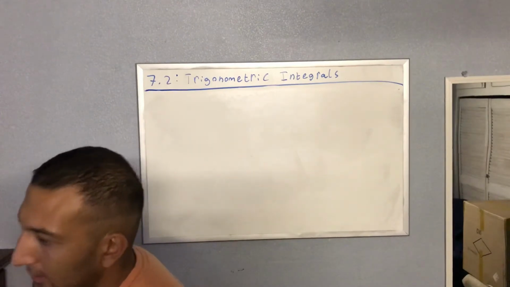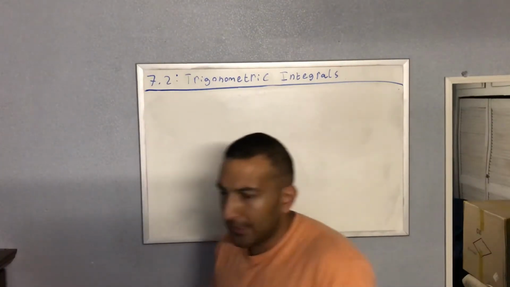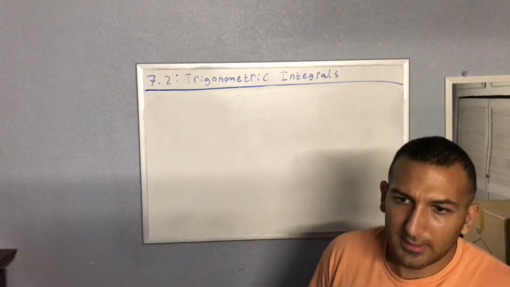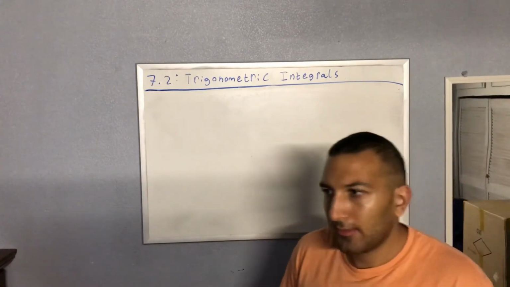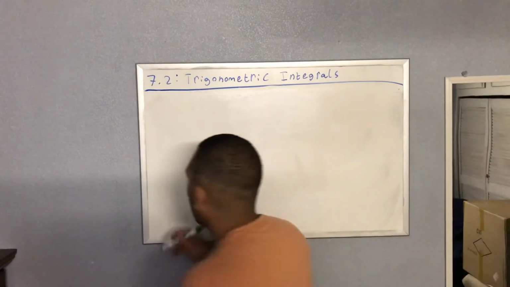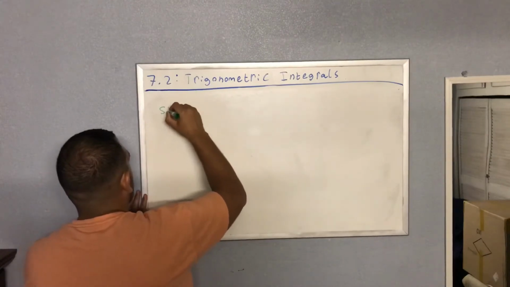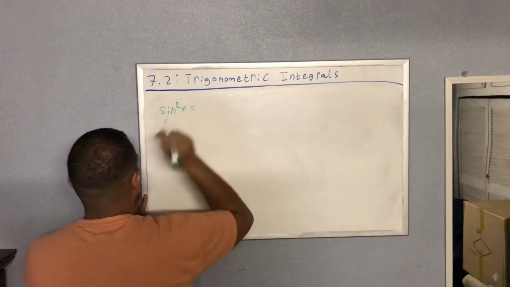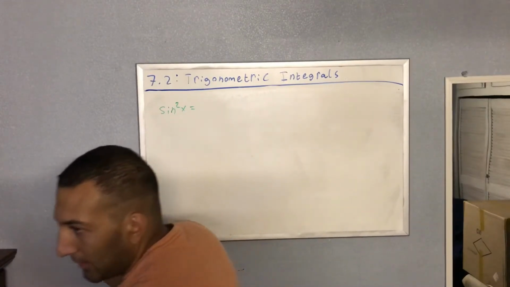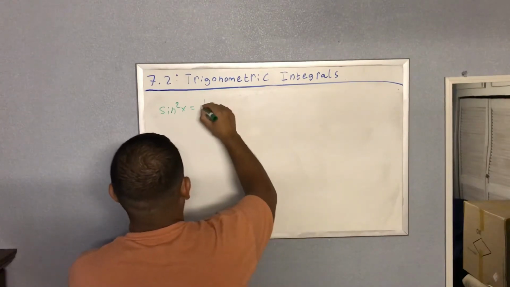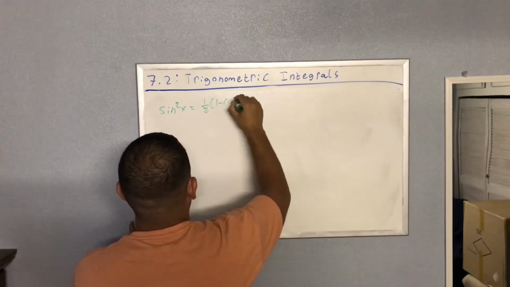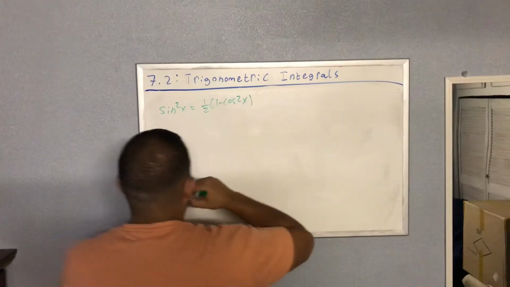Yes, they're kind of a variation of the double angle. So you'll see what I'm talking about. So we'll have sine squared x is equal to 1/2 times 1 minus cosine of 2x.